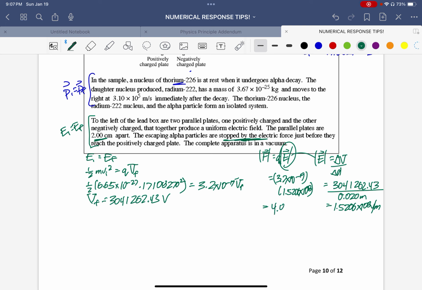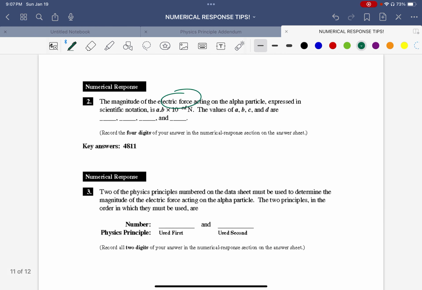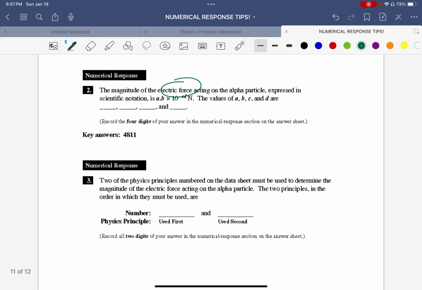Solve that, 4.866 times 10 to the negative 11 newtons, which we're going to round to 4.9 times 10 to the negative 11 newtons. We're asked to express that as A decimal B times 10 to the negative CD, 4911. Yes, they gave me an answer of 4811 here, but pretty sure that should be 4911.